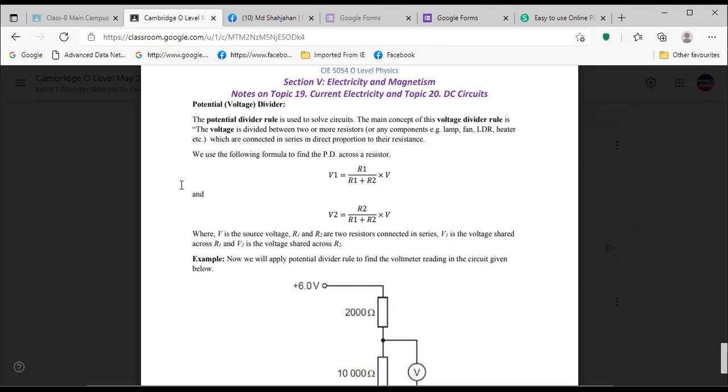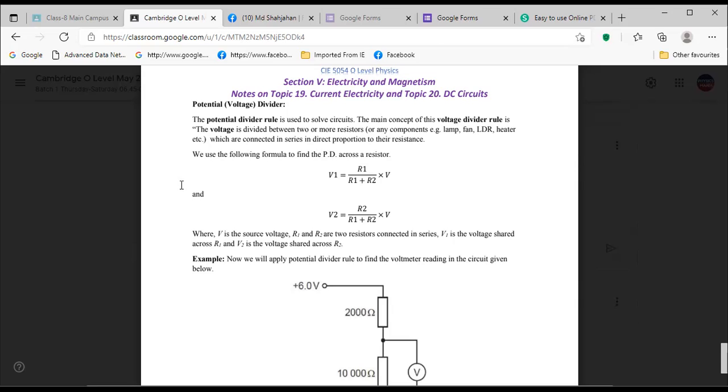Yes, sir. Potential divider rule works for series circuit, and the way the EMF of the power supply is shared in a series circuit, we will get two formulas now to calculate how much they will share, and what will be the formula, where we have to put which value.